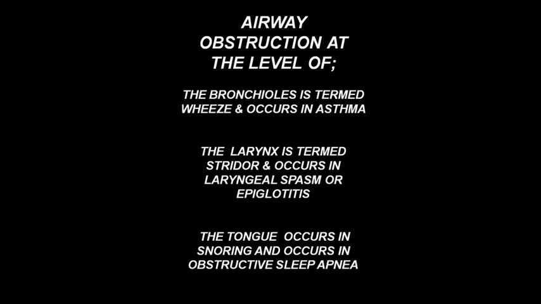We can appreciate that airway obstruction at the level of the bronchioles is called wheeze, and it occurs in asthma. Obstruction at the level of the larynx is termed stridor and occurs in laryngeal spasm or epiglottitis. And finally, airway obstruction at the level of the tongue causes the bovine noise we call snoring, and it is particularly loud in obstructive sleep apnea.